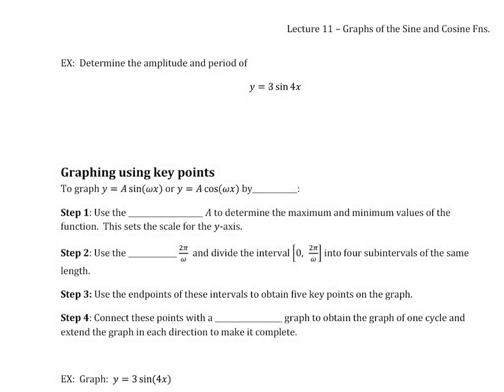According to that previous theorem, we can look at a function like this one, y is equal to 3 sine of 4x, and we see that the A value is 3 and the omega value is 4. We can use that to answer the question of what is the amplitude. Remember, that's the absolute value of A, which in this case would be the absolute value of 3, which gives me just 3.